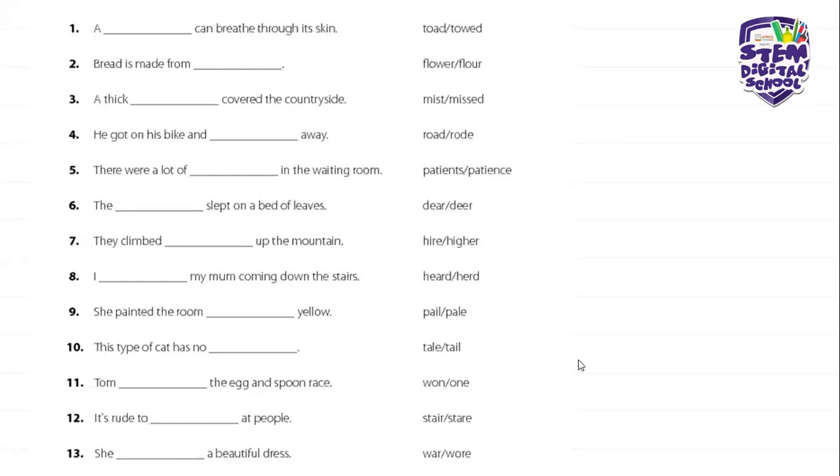Missed is when you missed a class. Okay. Road, that one we did. Patience, the first patients is the thing that's in the hospital. The next one with the C, that one is to have patience, to listen to somebody, or to have patience with small children. Okay.